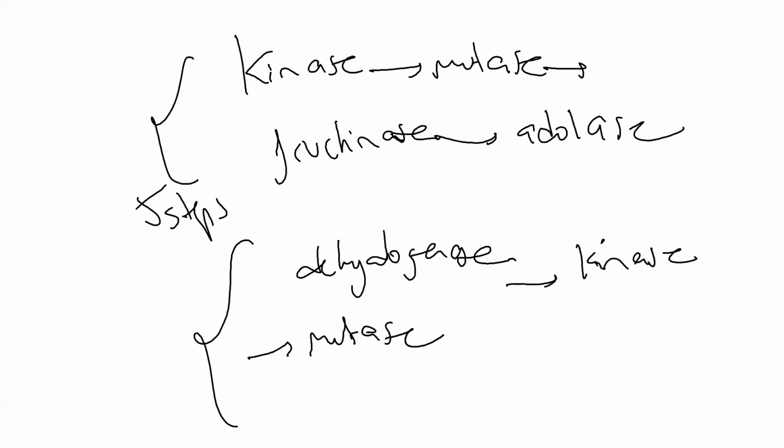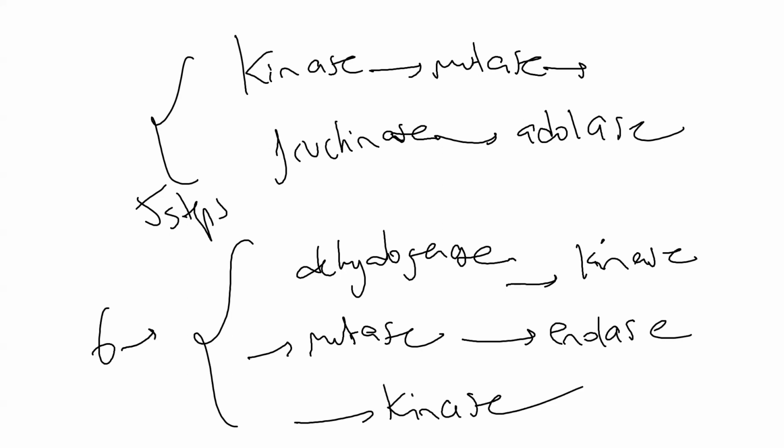Instead of aldolase, you will have enolase, and again kinase. This from 6 to 10, this from 1 to 5. Kinase, mutase, fructokinase, aldolase, dehydrogenase, kinase, mutase, enolase, kinase.